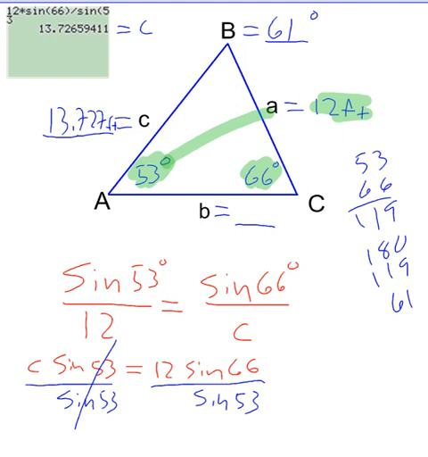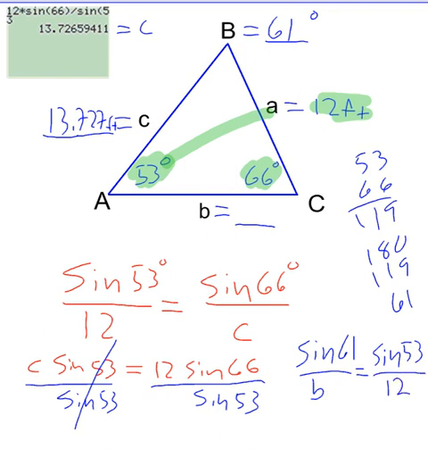Now I can do sine of 61 over B equals sine of 53 over 12.